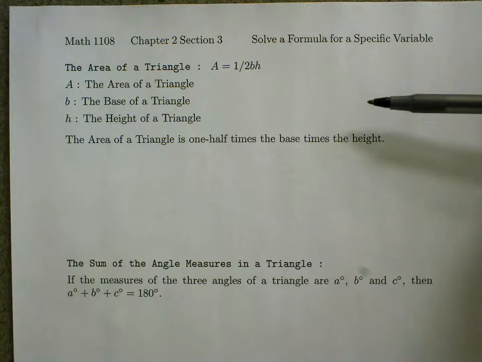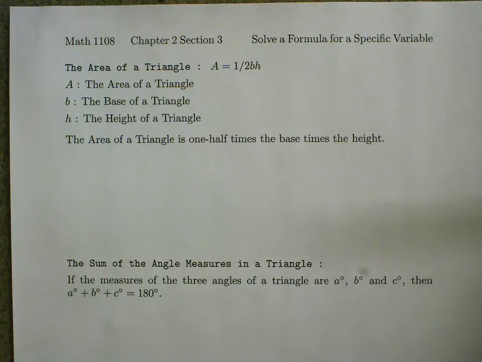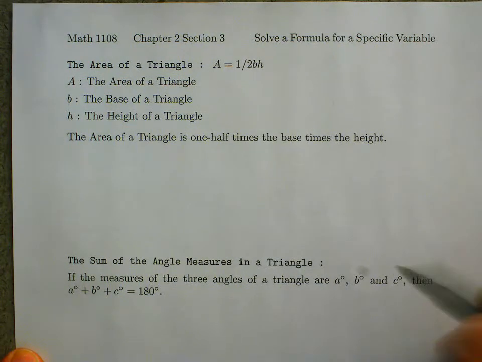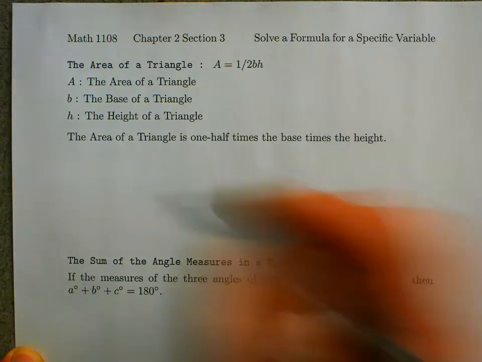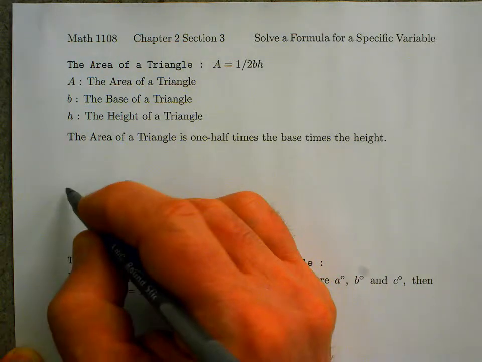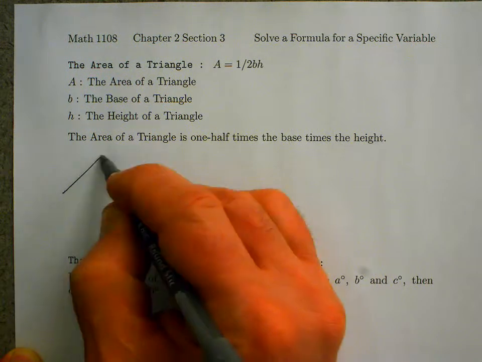Lowercase b is the base of a triangle, and lowercase h is the height of a triangle. For any triangle, there are 3 sets of bases and heights. We'll just always use the one that's most convenient.